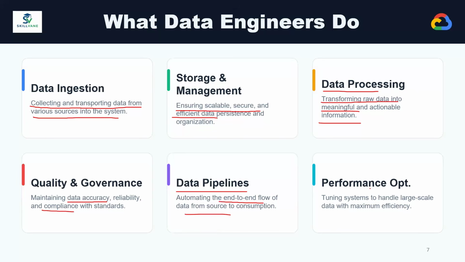And performance optimization is nothing but whatever code or pipeline you have created should be tuned and working in an optimized fashion, so that it will store less data, use less compute, and charge less cost. You should do everything in an economical way.